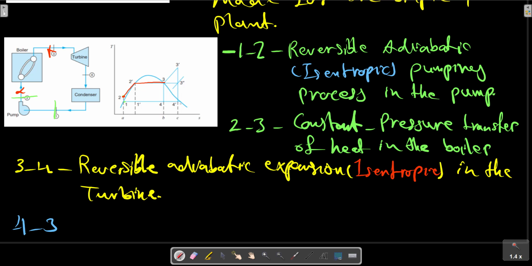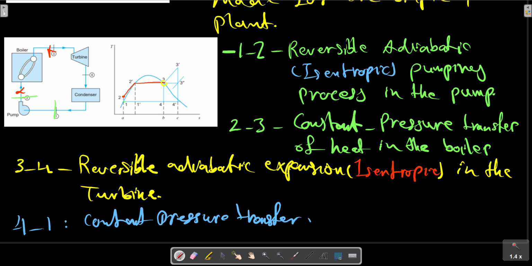Three to four, isentropic, entropy is constant. And 4 to 1, constant pressure transfer of heat in the condenser.